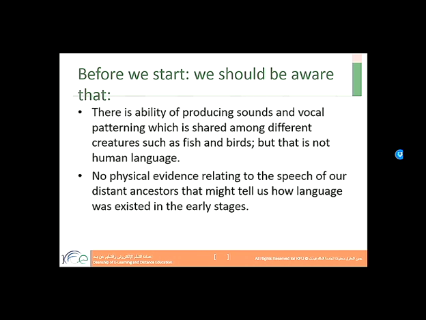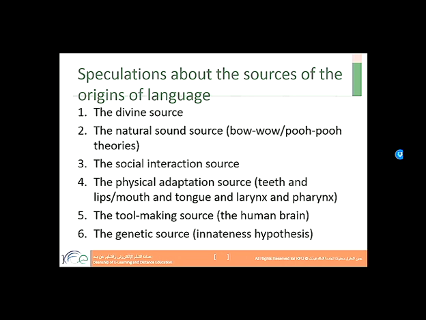There is no physical evidence relating to the speech of our distant ancestors that might tell us how language existed in the early stages. So this is a very important piece of information. What we are going to talk about next is just speculations about the sources of the origins of language. We have six different speculations. We have the divine source and the natural sound source.